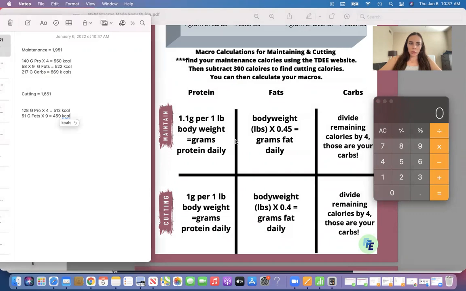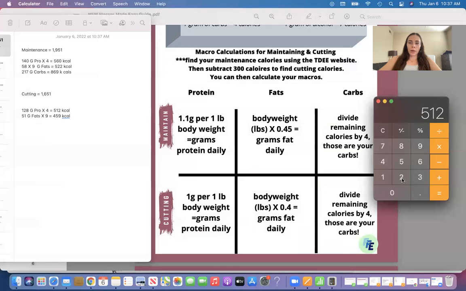And then we're going to do the same thing we did up here to find out the grams of carbs. Okay. So in order to find the remaining calories, we're going to take our cutting calories, which are 1651 cutting calories, right? That's the deficit of 300. And then we're going to minus the calories that we already have coming from protein. We're going to minus the calories that we already have coming from our fat.